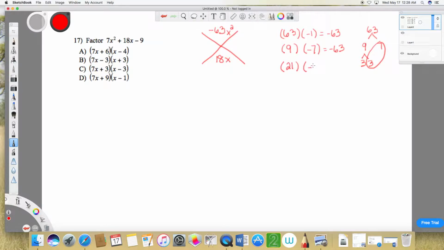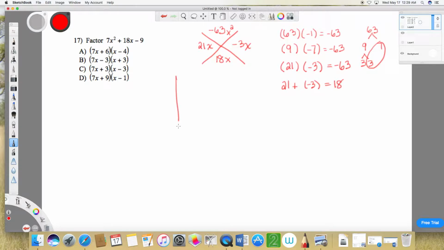And 21 times a negative 3 is negative 63, and 21 plus a negative 3 is 18. So we found it. 21x and negative 3x will do the trick.